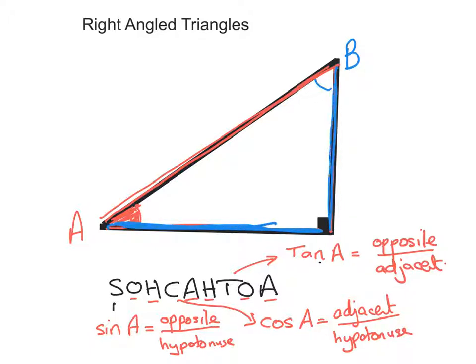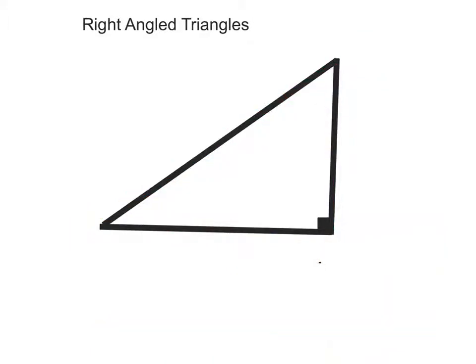So it changes depending on which angle we've got. So we know about SOHCAHTOA. So we've got angle A here. We know that sine of angle A equals opposite over hypotenuse.